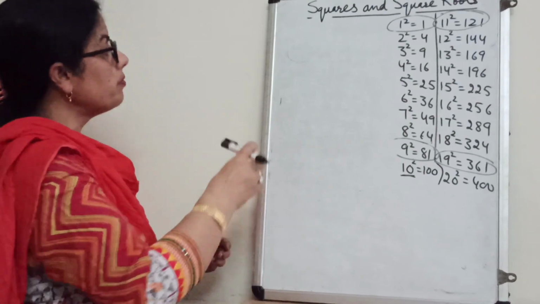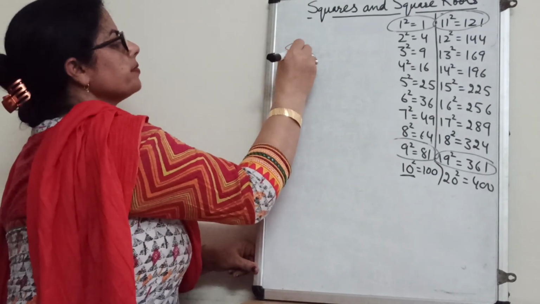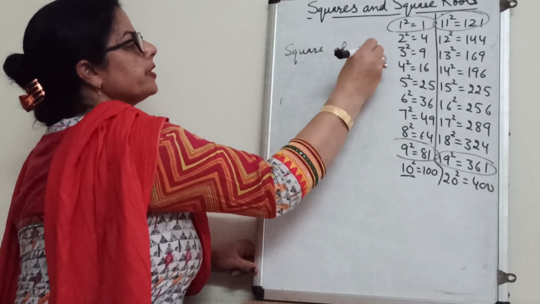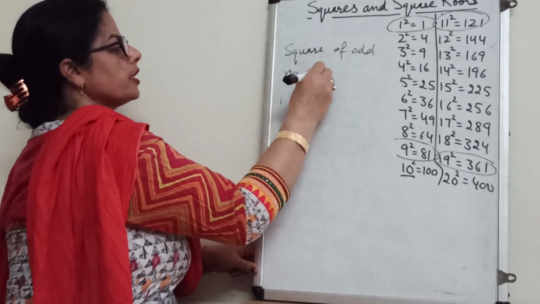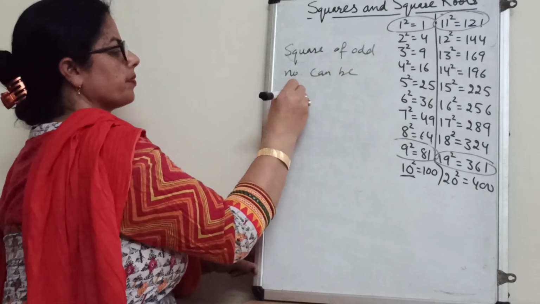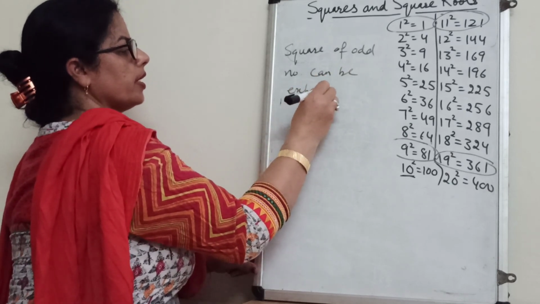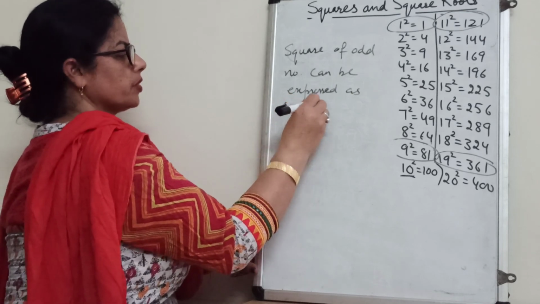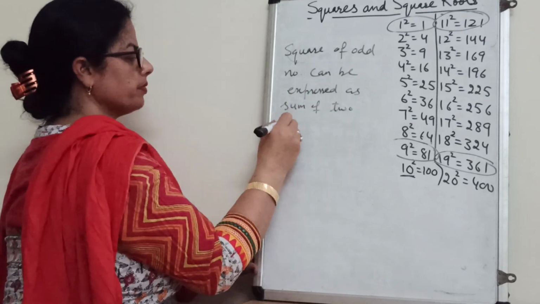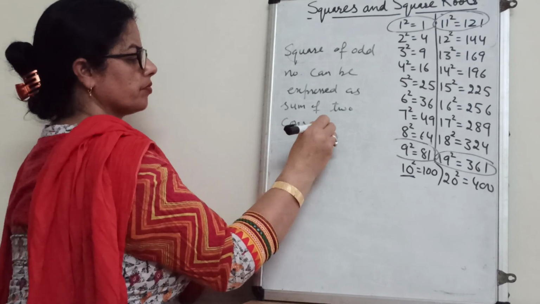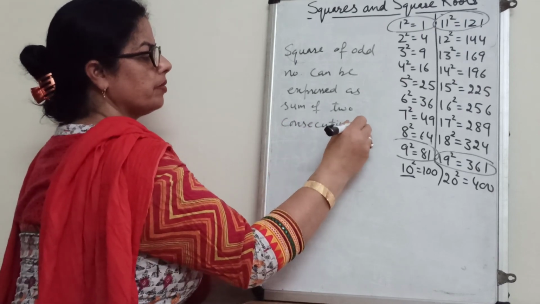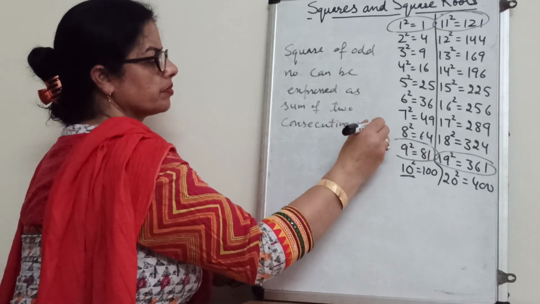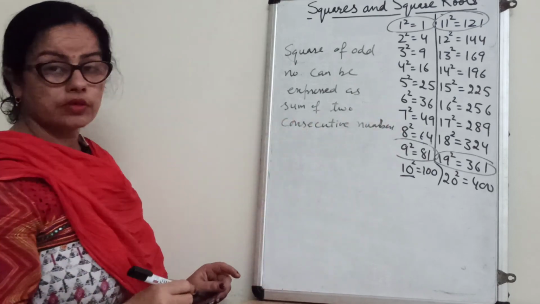that the square of an odd number can be expressed as the sum of two consecutive numbers.